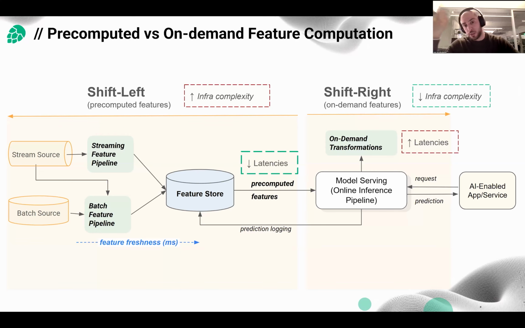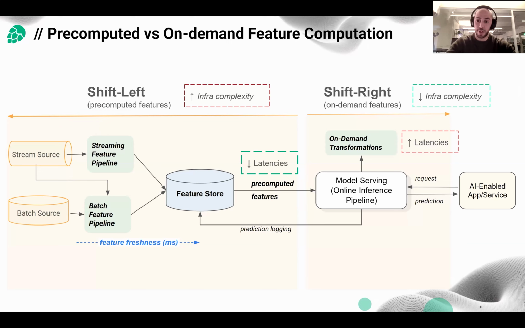Related to shift right computation, if you shift the computation of features to the right, you can have lower complexity in terms of infrastructure, because you may be able to get rid of streaming processing engines if the computations are simple enough and if you have all the information you need to compute the features.